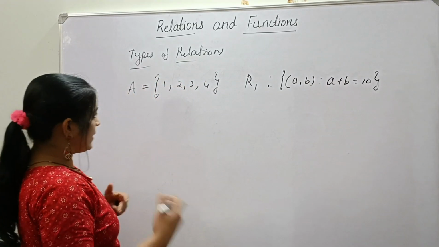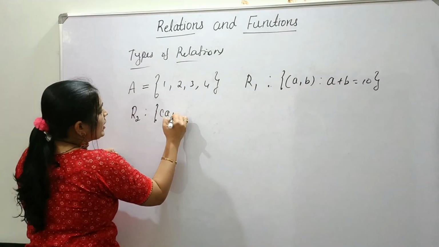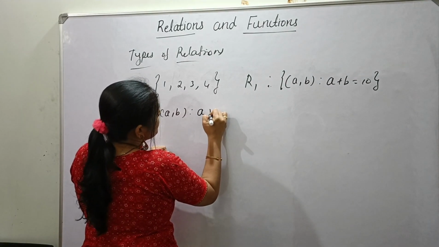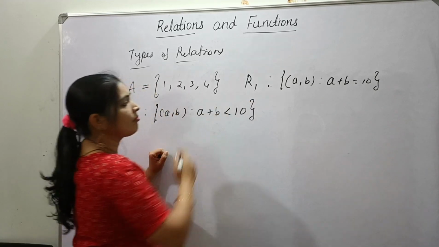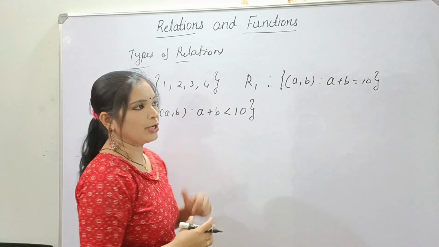Let us define another relation R2 as the set of ordered pairs (a, b) such that a + b is less than 10. So we have defined two relations R1 and R2.